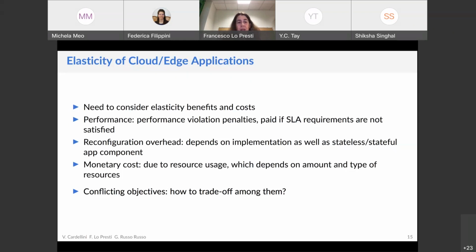And so you can see easily that these objectives can be conflicting, and you will see how the reinforcement learning agents can learn also to trade off among them.